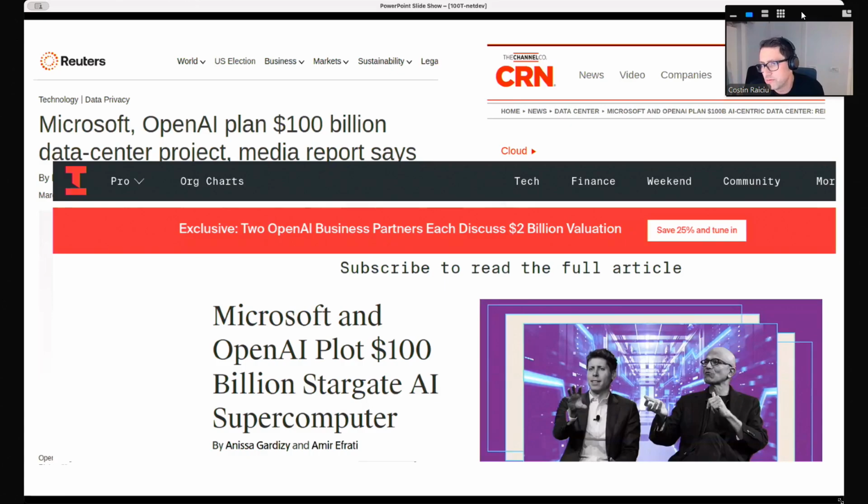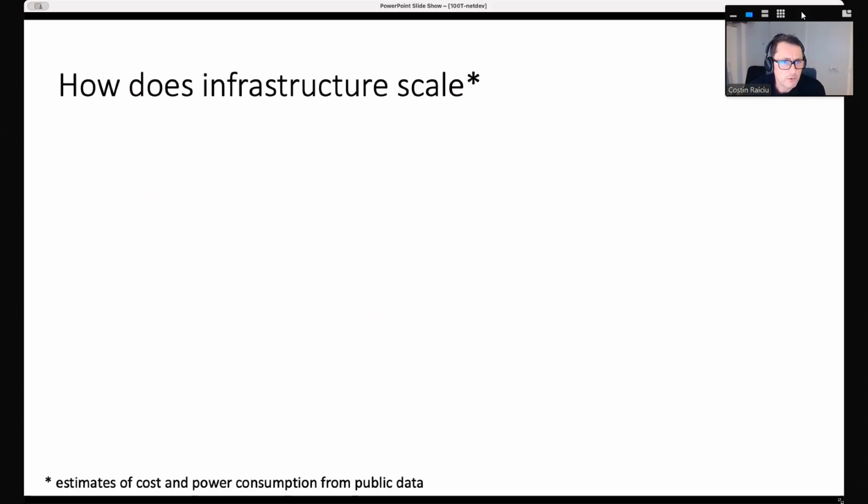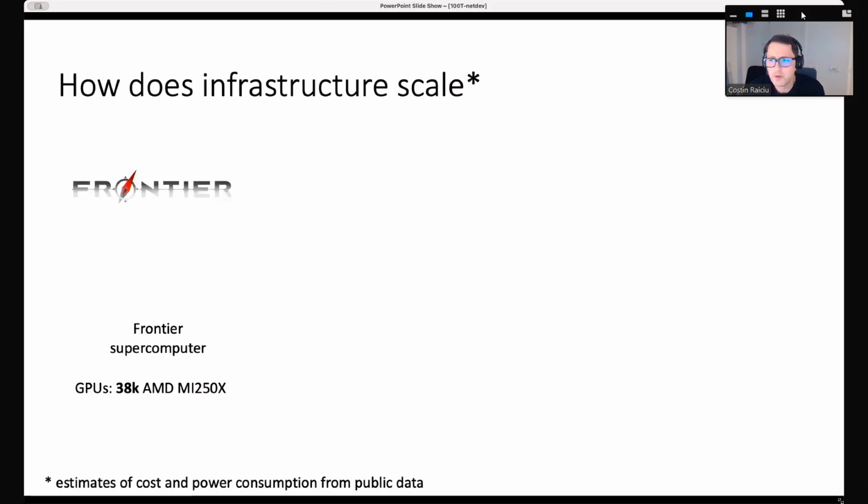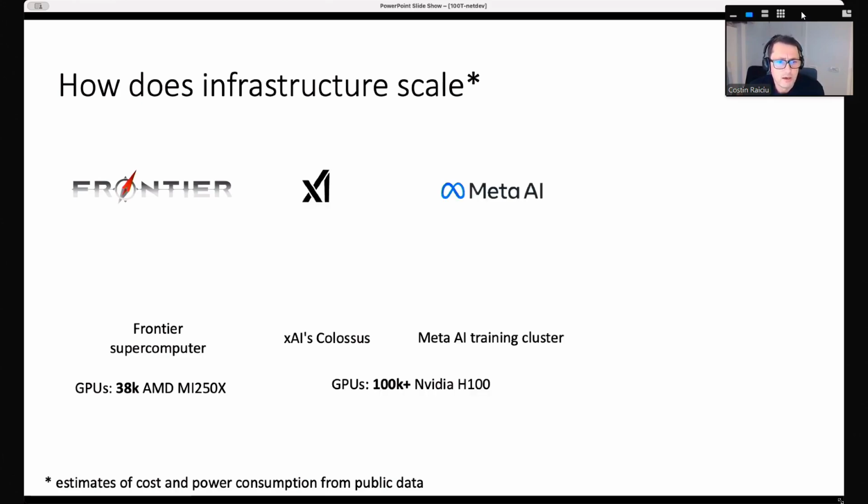We asked this question from a networking point of view, but to get to the networking side, we had to understand the other aspects of building this thing. To put things in context, a large supercomputer such as Frontier has around 40K GPUs today. X and Meta's training clusters are around 100K GPUs.